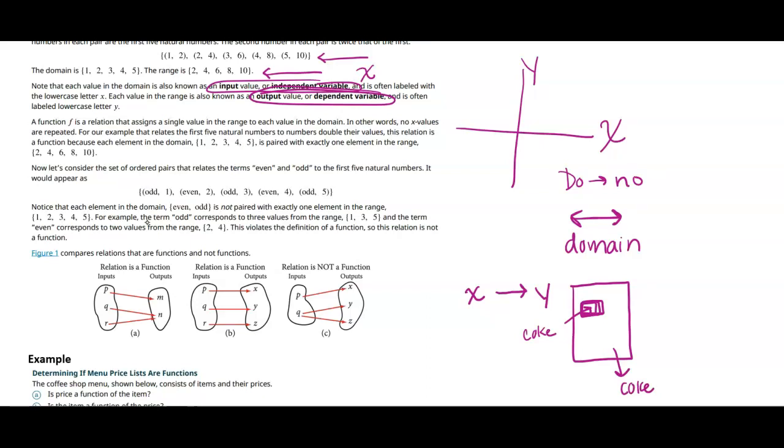If I push the Coke button and I get out a Sprite, that's not what I ordered. So I can't have one button that gives me two outputs. I can only have one button to one output, not two.